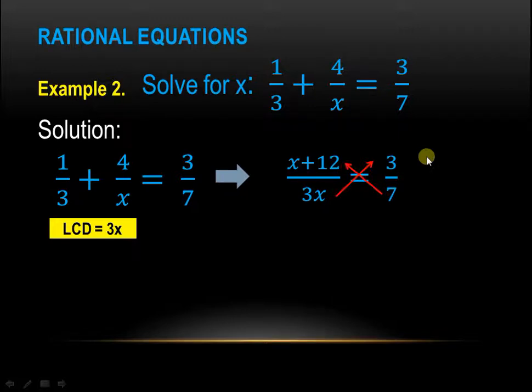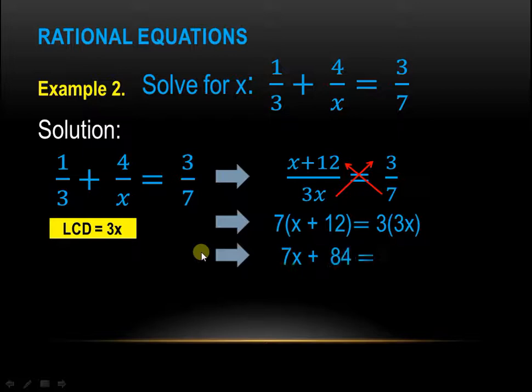There you go. So the new equation will look like this. 7 multiplied to x plus 12 is equal to 3x multiplied by 3. The next thing that we have to do is to distribute the 7 here and multiply the 3 here.